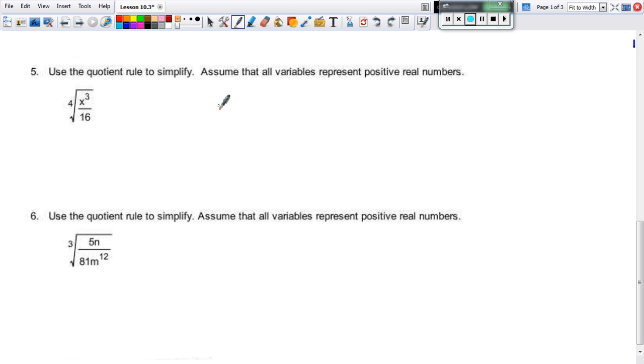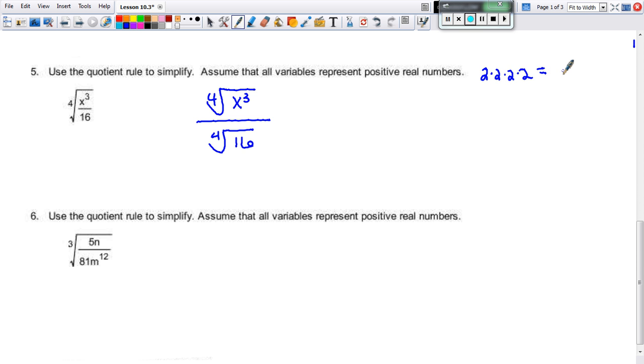On the next one, I write it as the fourth root of x cubed over the fourth root of 16. Well, I'm going to see if the fourth root of 16 is 2 times 2 times 2 times 2. 2 times 2 is 4, times 2 is 8, times 2 is 16.